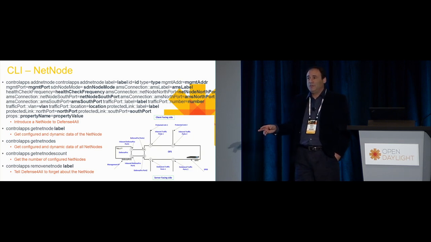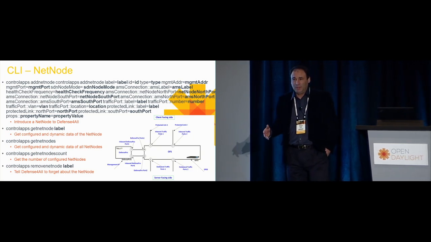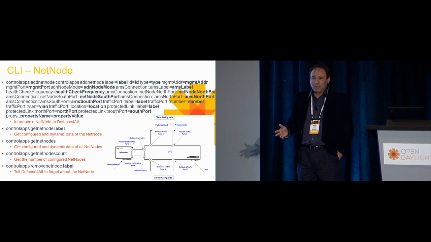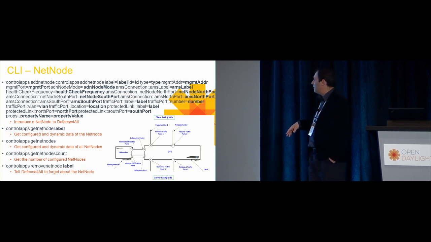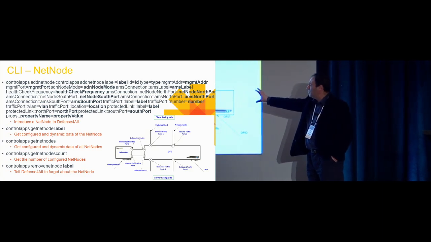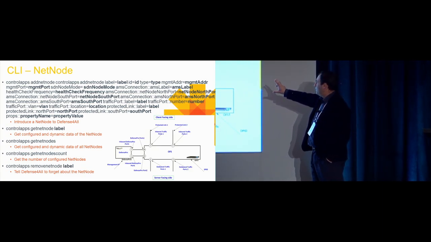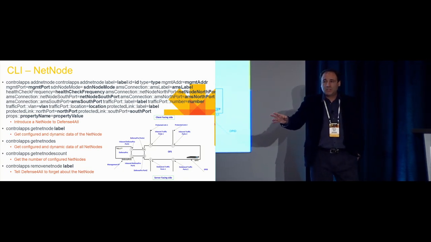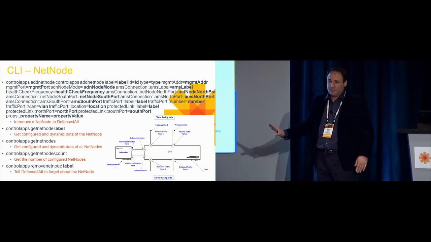With SDN native, we have to sweat a little bit more. And we don't like to sweat, at least not in the first release. So what we've done is basically this. We've identified protected links. So if you want to redirect traffic from a switch to Defense4All, you use that switch mainly for that purpose.